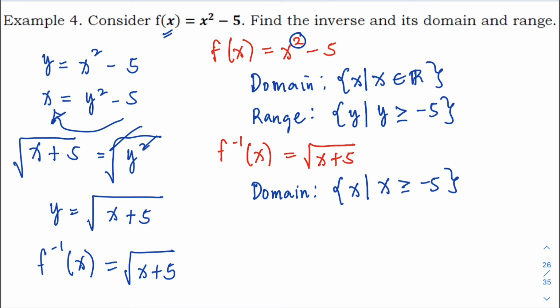Tama? Then, yung kanyang range naman is yung domain ng ating original function. Okay? So, that is the set of all y such that y is any real numbers. Okay, so naintindihan ba guys?